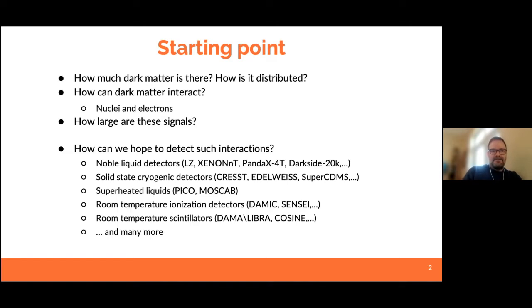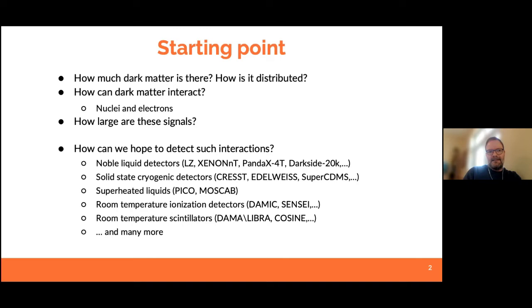The first one I'm going to talk about is the noble liquid detectors. And this includes both liquid xenon and liquid argon. The main experiments here are LZ and XENONnT. They will produce results in the coming years. PandaX-4T just released a result a few weeks ago. And with liquid argon, you have DarkSide-20k as the next big project.